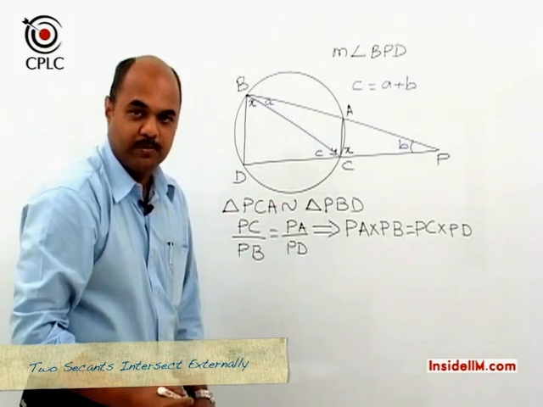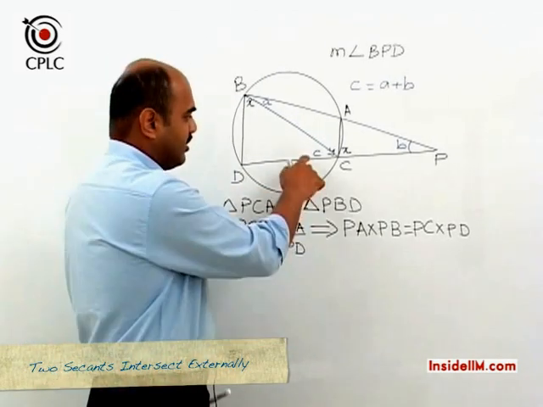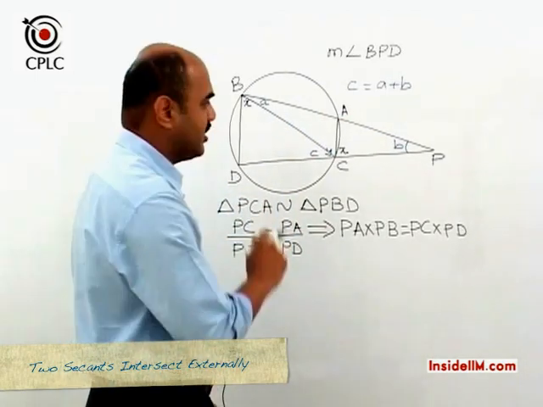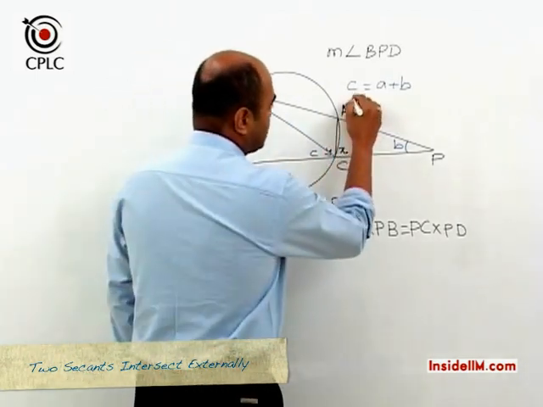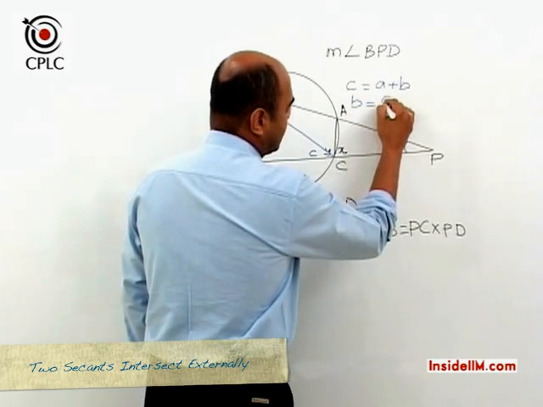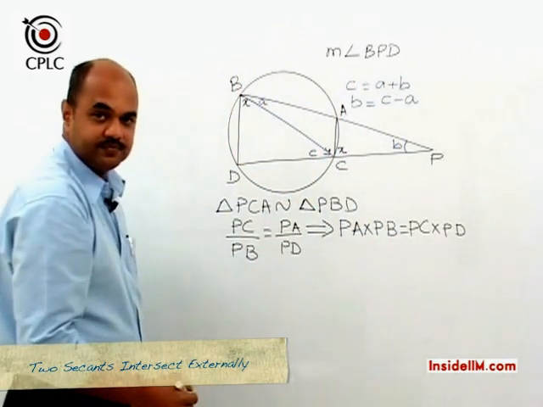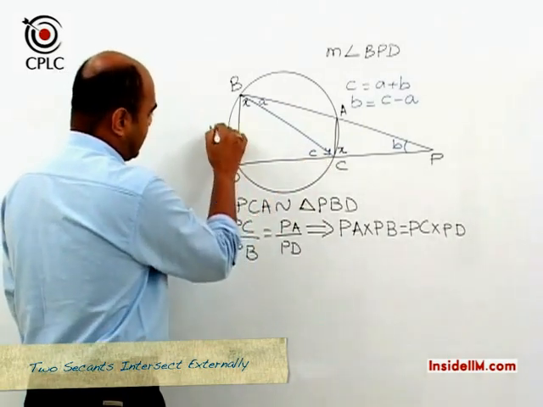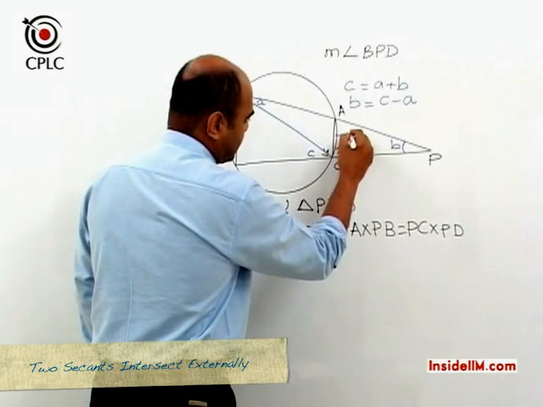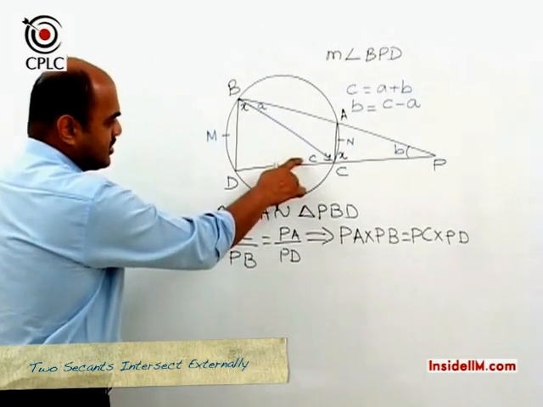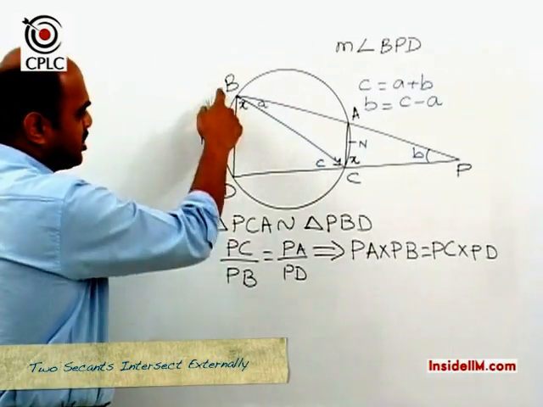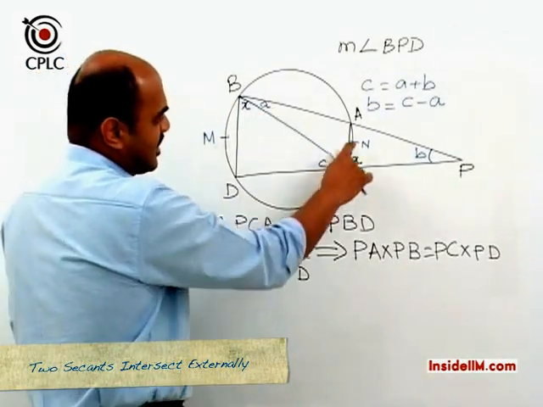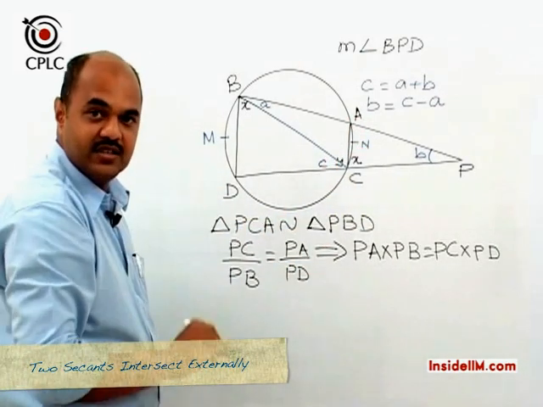We've already gone through a property which says exterior angle is equal to sum of remote interior angles. So C is equal to A plus B, which basically means that B is equal to C minus A. Now if this point is labeled as M and this point is labeled as N, then angle C is half measure of arc BMD and angle A is half measure of arc ANC.